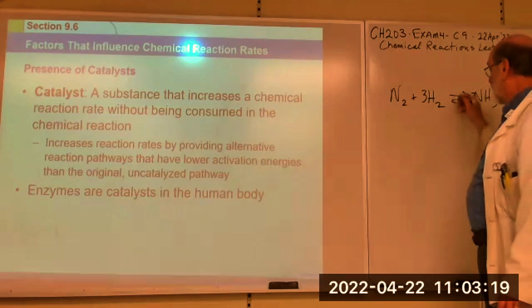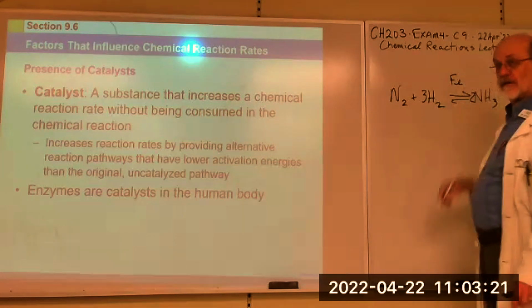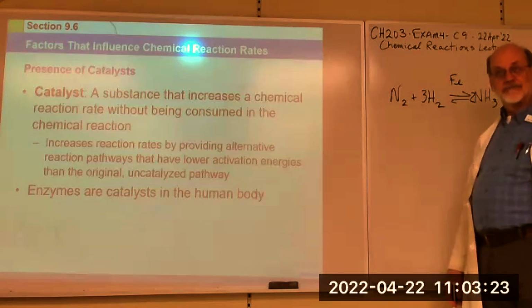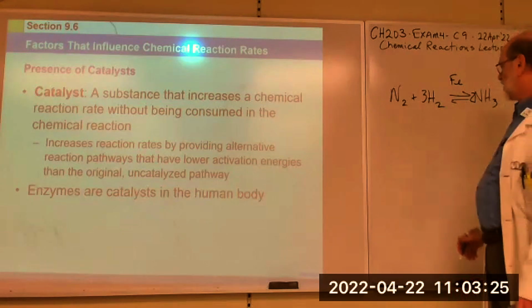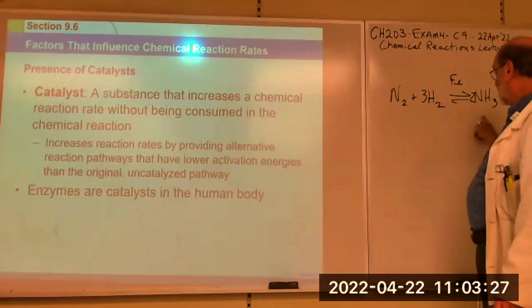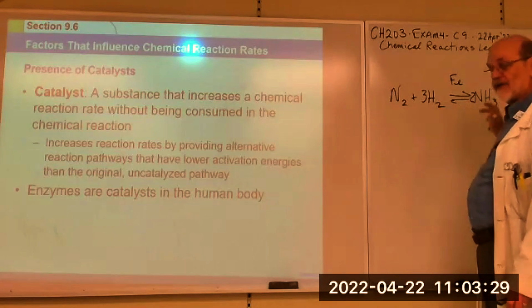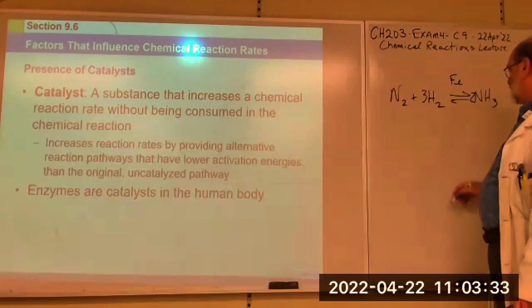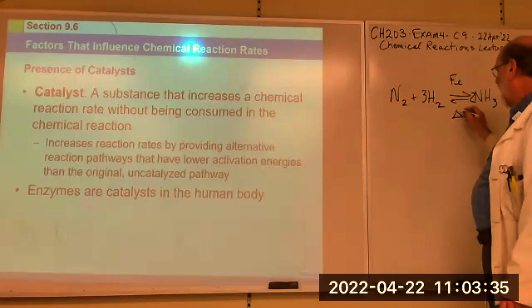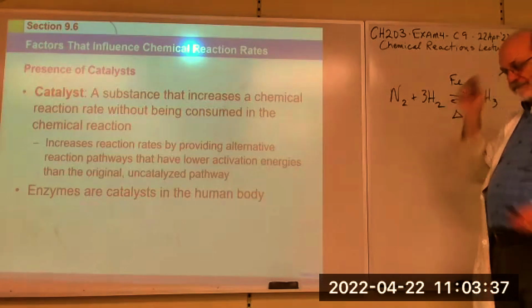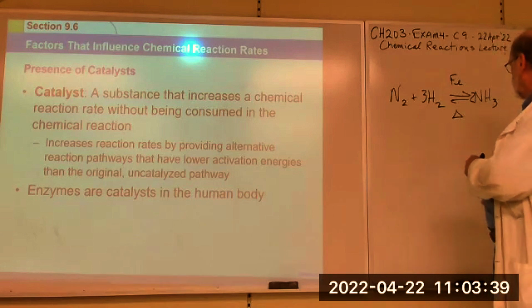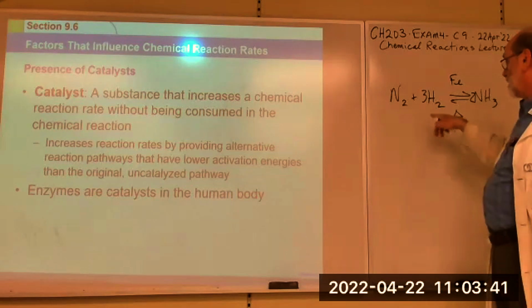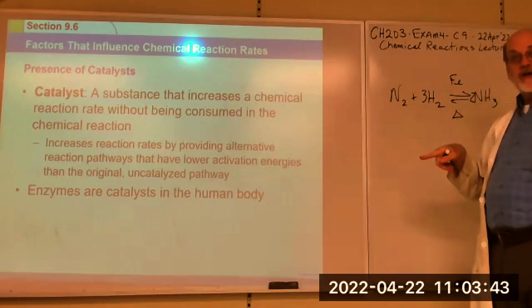So Haber came up with a catalyst, which was just finely divided iron. And it caused the reaction rate to proceed faster. And he also increased the temperature, high temperature. So he added heat to it. The problem with that is this is an exothermic reaction.